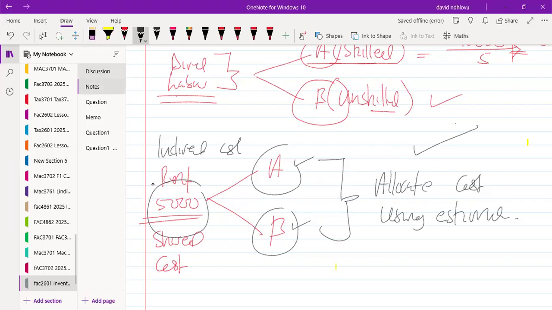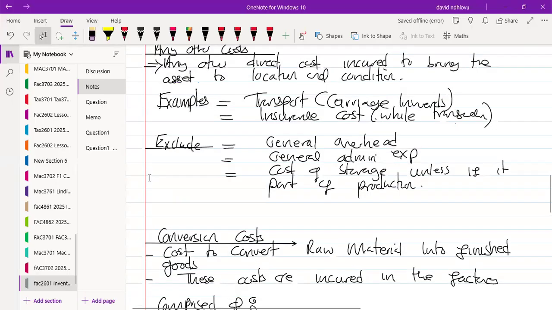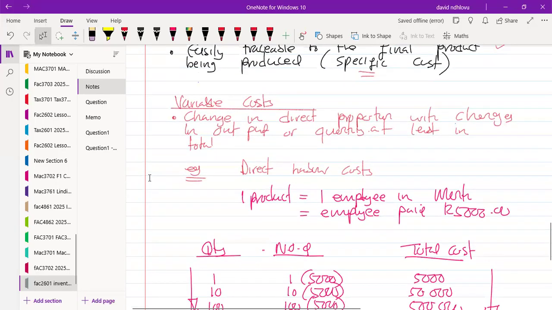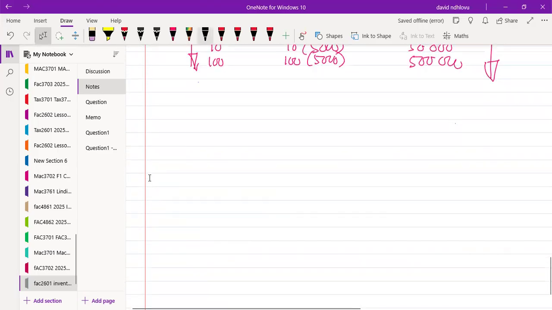Right, then we go to the next cost. So remember, we are saying conversion costs. We have direct cost, which here we said is your direct labor cost. Right, then you also have number 2, manufacturing overheads.